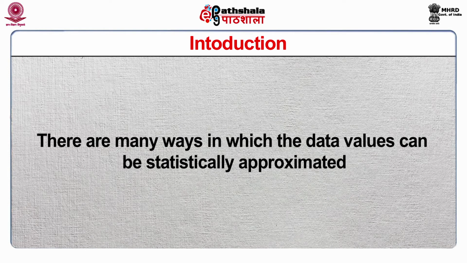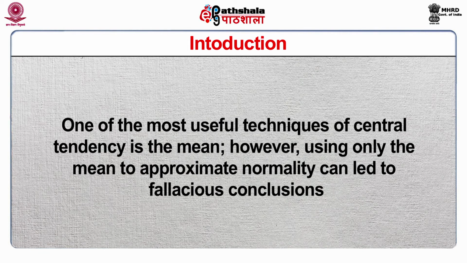There are many ways in which the data values can be statistically approximated. One of the most useful techniques of central tendency is the mean. However, using only the mean to approximate the normality can lead to fallacious conclusions.